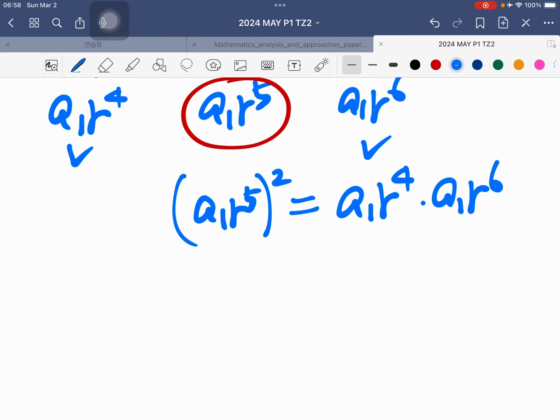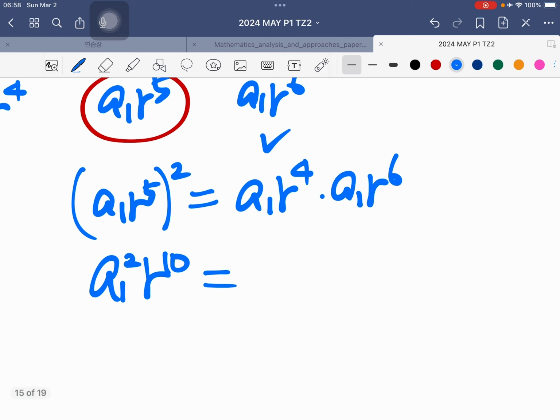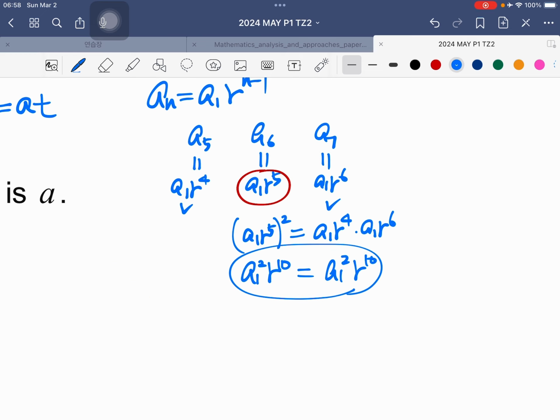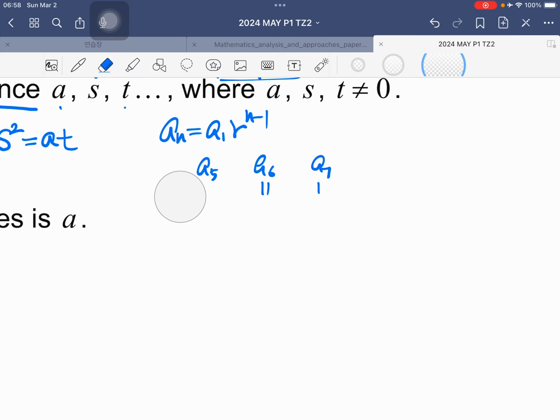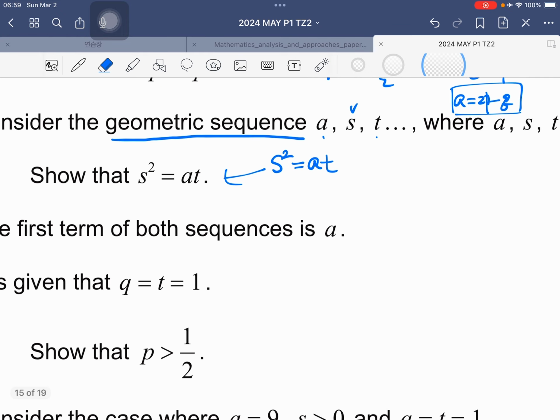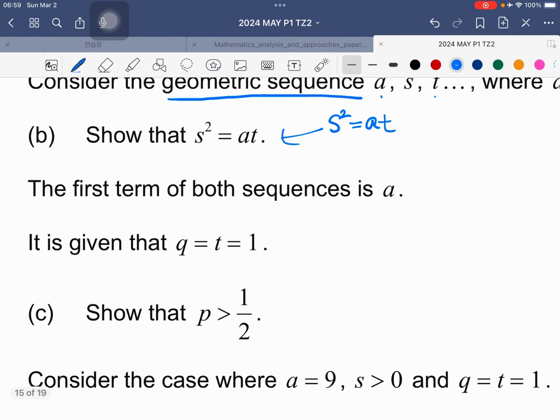Simplifying the left-hand side gives us A1 squared R to the 10th power, and simplifying the right-hand side gives us A1 squared R to the 10th power. This is exactly the same. This principle always works in a geometric sequence. Okay, so this is proved.